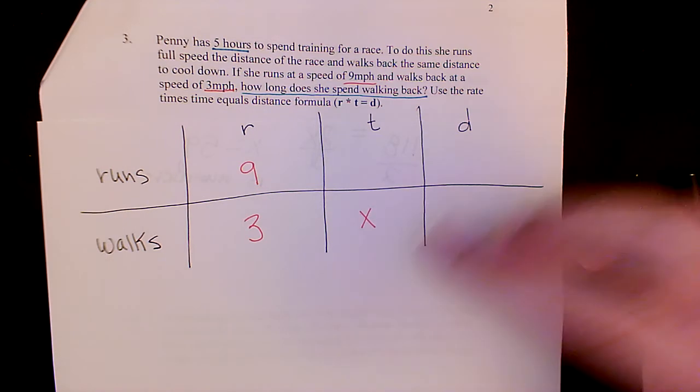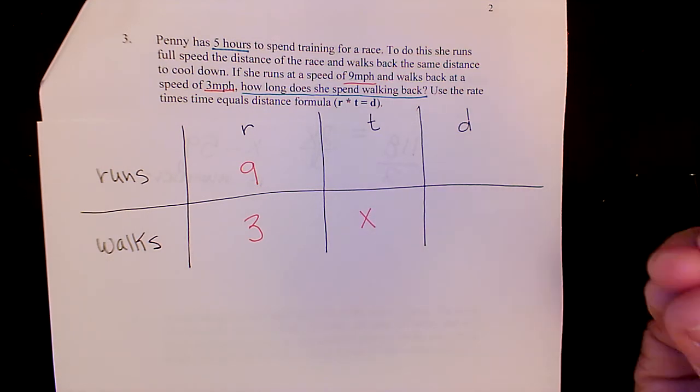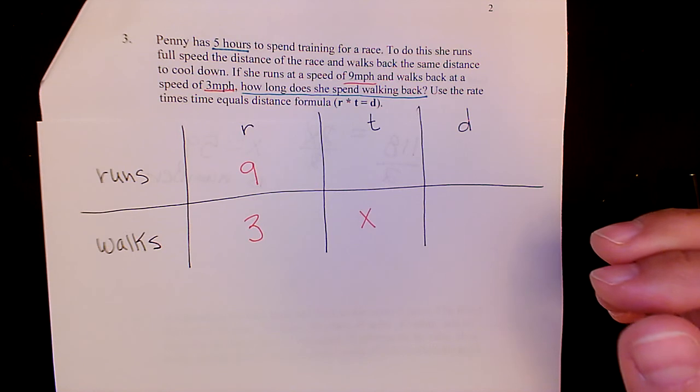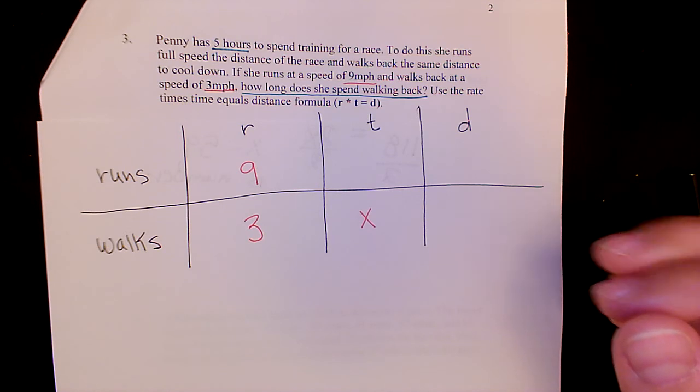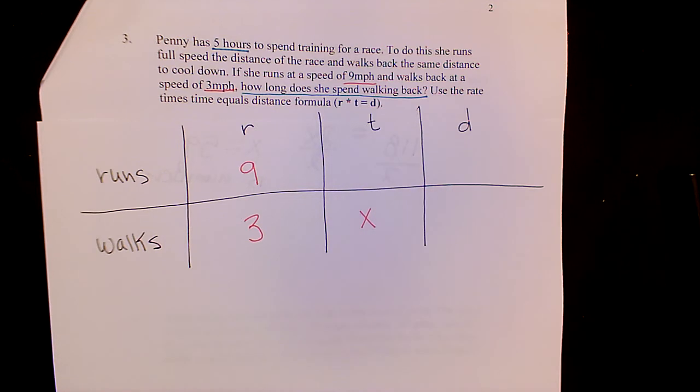Okay, if she's walking this X time, well, we know she spent a total of 5 hours between walking and running. That 5 has to come into play somewhere with the time. So if she walked 2 hours, could we figure out how long she ran if she spent a total of 5? So we would just take 5 minus 2 and get 3.